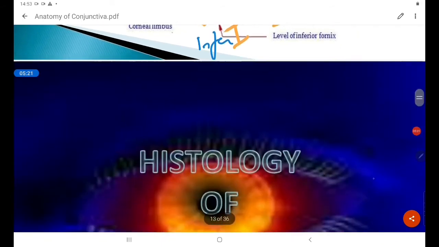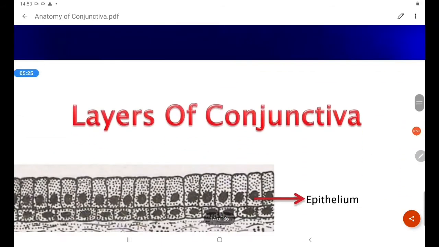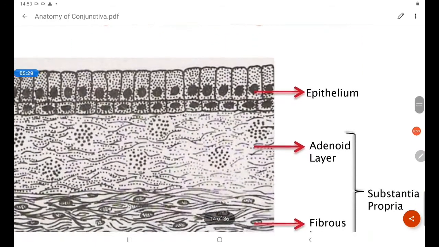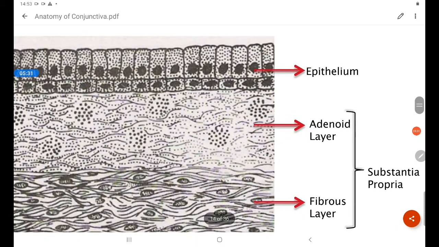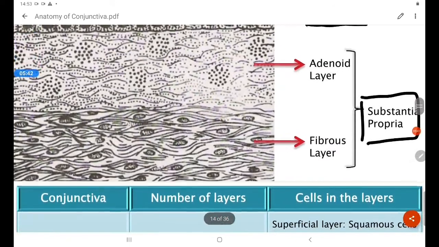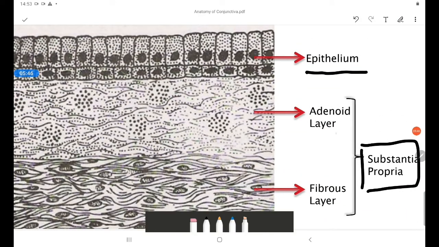Now coming to the histology of the conjunctiva, we should know that the layers of conjunctiva are formed by the epithelium and the substantia propria. And the substantia propria is further divided into the adenoid layer and the fibrous layer.